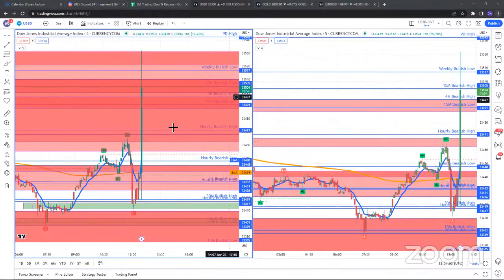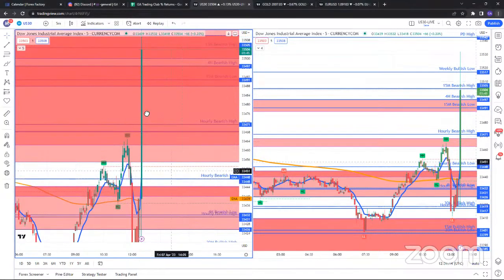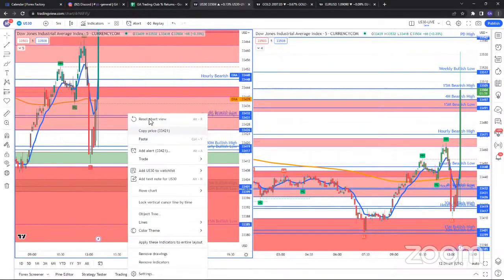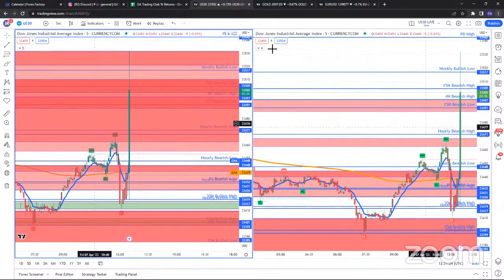But you can see currently we are in a supply zone for US 30. And if we zoom in here, you can see that price rejected from the 30-minute bullish high and the hourly bullish low. So that's where price came down, picked up liquidity and shot up.